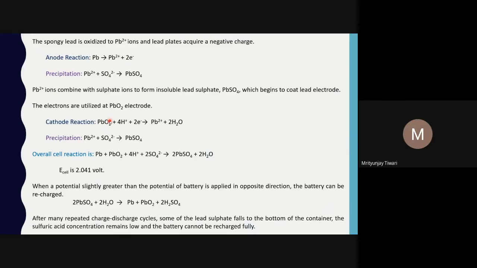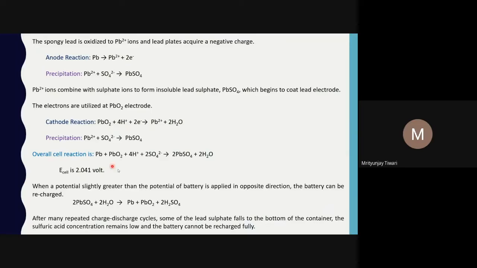So 2 into minus 2 gives minus 4 charge, which is balanced by 1 atom of lead. Thus lead is in the plus 4 oxidation state. So lead has gone from plus 4 oxidation state to plus 2 oxidation state. It means lead is reduced here, so this is the reduction reaction, and now the lead produced will combine with sulfate again to form PbSO4.